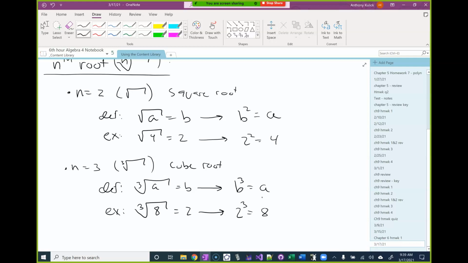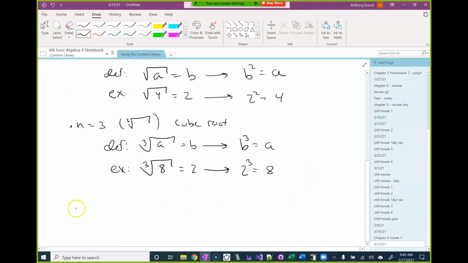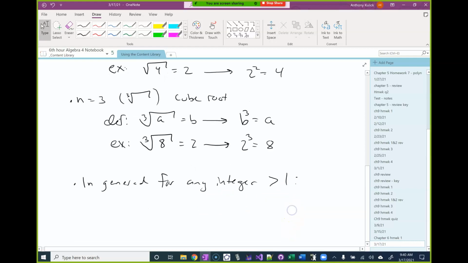Sure. So we can keep doing this. In general, for any integer n that's greater than 1, we can say that the nth root of a is equal to b if b to the n is equal to a.